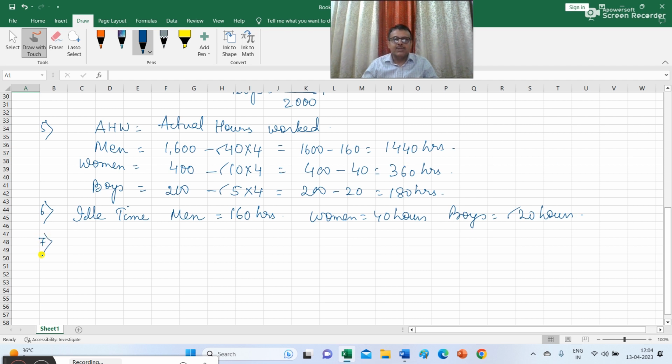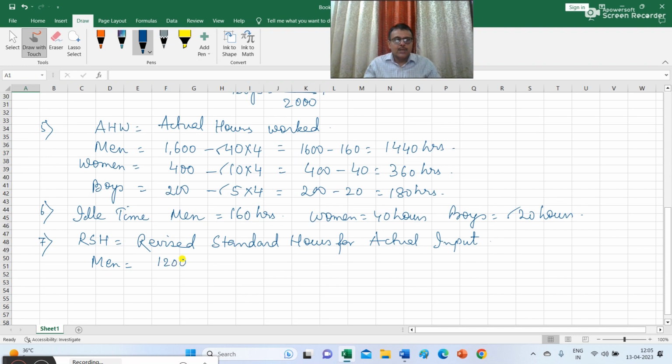And the seventh parameter is RSH. This is revised standard hours for actual input. Revised standard hours for actual input. For men, this will be 1,200.